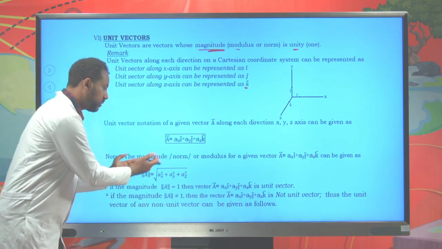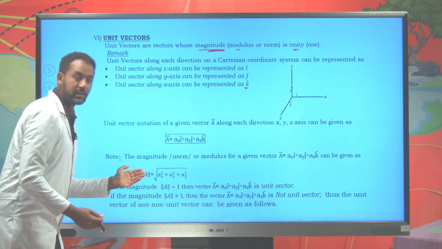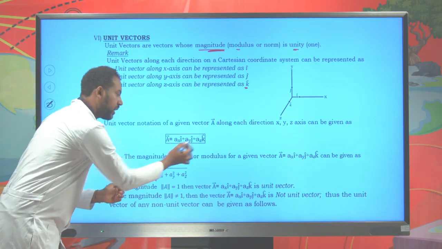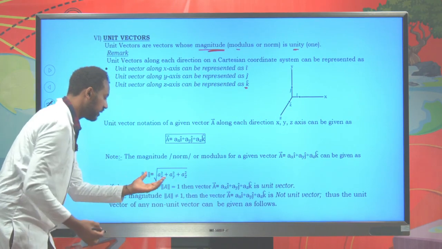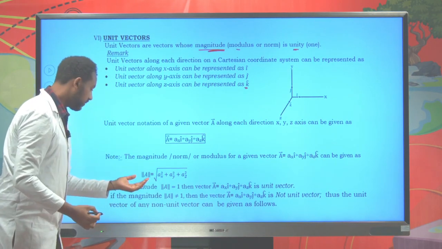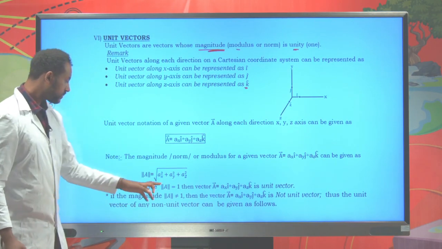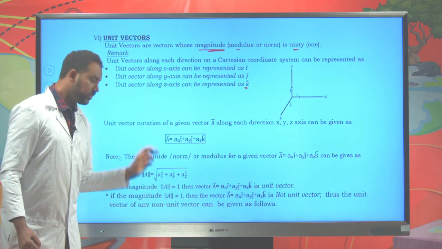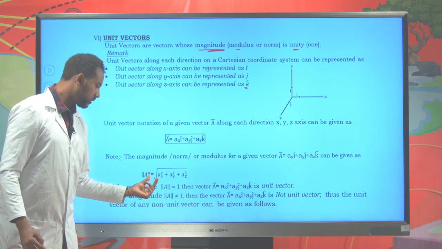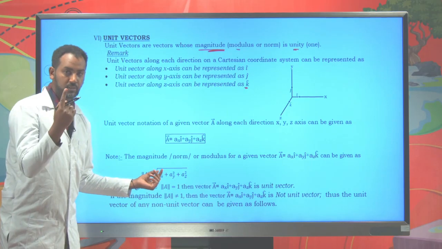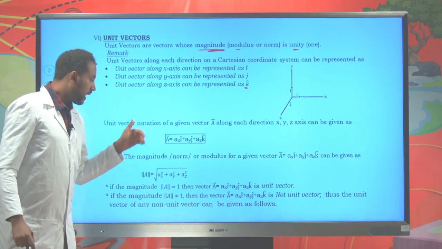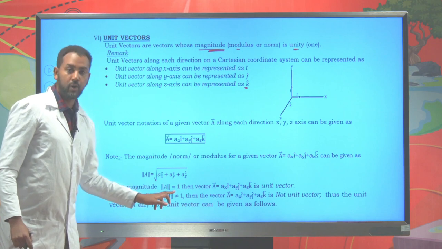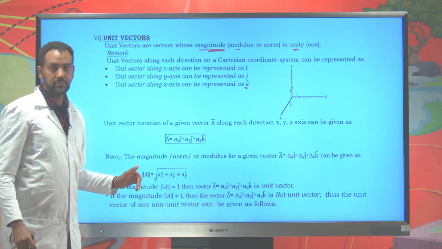The magnitude, norm, or modulus of this vector is determined by squaring every component: ax squared plus ay squared plus az squared, under a square root, gives you the magnitude. If you find it to be 1, then this vector is said to be a unit vector. If it is different from 1, it's not a unit vector.